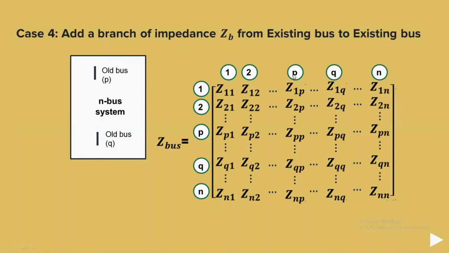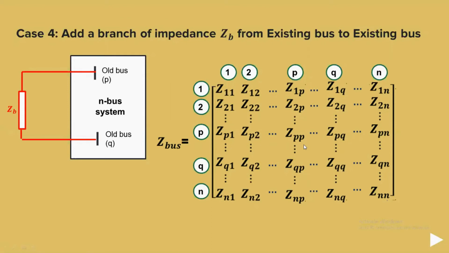Here I also mark the pth bus data and qth bus data: the pth and qth bus column impedance values, and the pth and qth bus row impedance values. Because we are going to connect ZB between these two old buses. Now adding a branch of impedance ZB between P and Q.